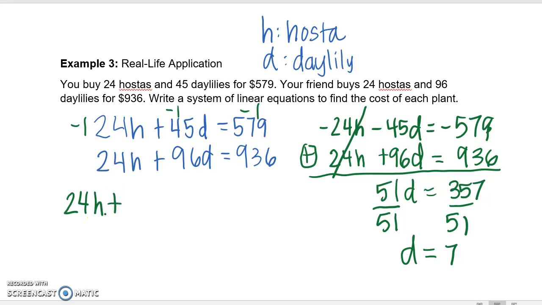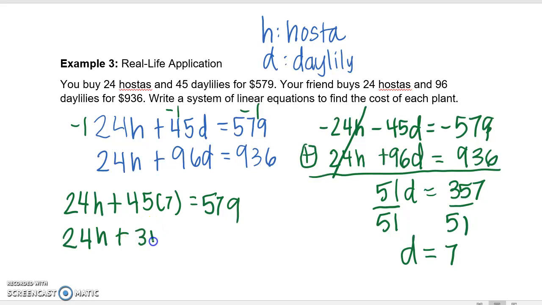24h plus 45 times 7 equals 579. Okay, now we have 24h plus 315 equals 579.